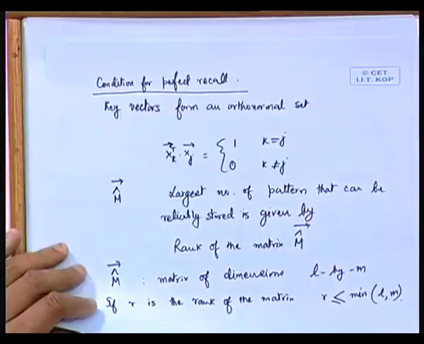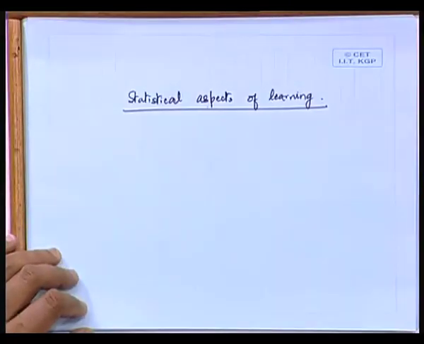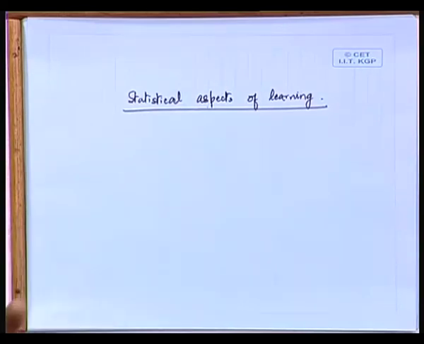Any other doubts? What was the reason for taking q to be equal to n in the last class? Just for mathematical convenience. The question is why did we take m instead of taking q? Because we were taking q patterns, but m was the number of inputs.